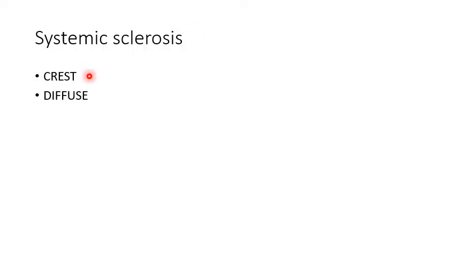So mixed connective tissue disease is basically a combination of two or more diseases, and while you're examining a patient of systemic sclerosis, you need to carefully look at the mucosa of the patient, plus any alopecia and a rash also.